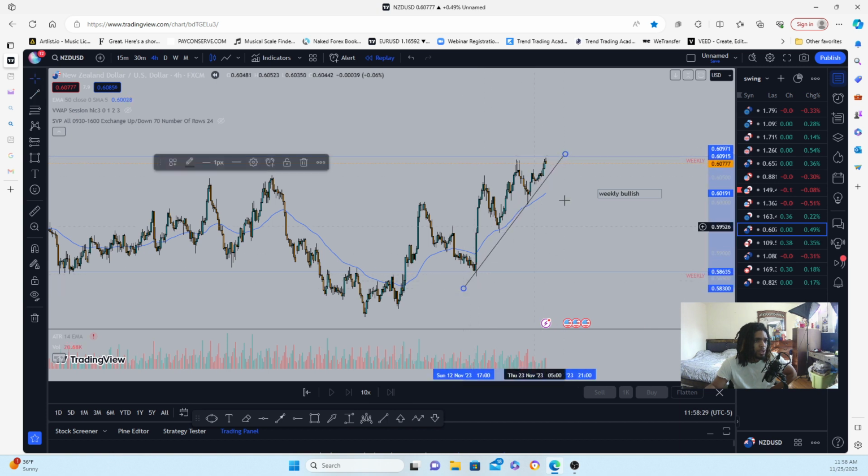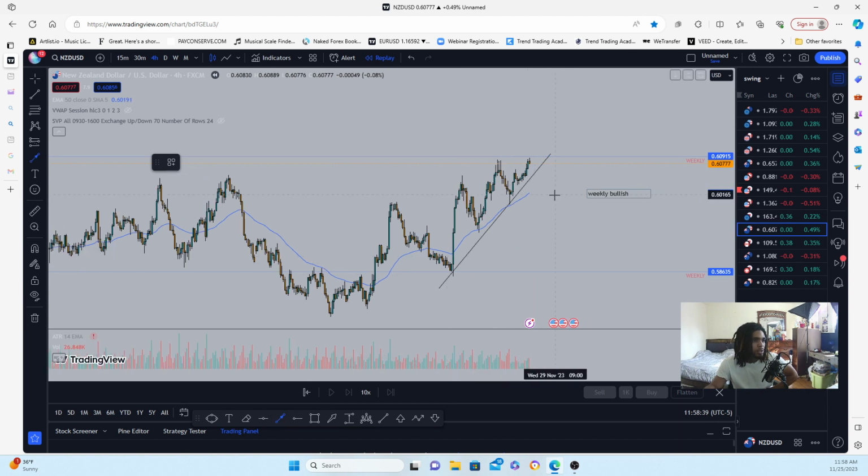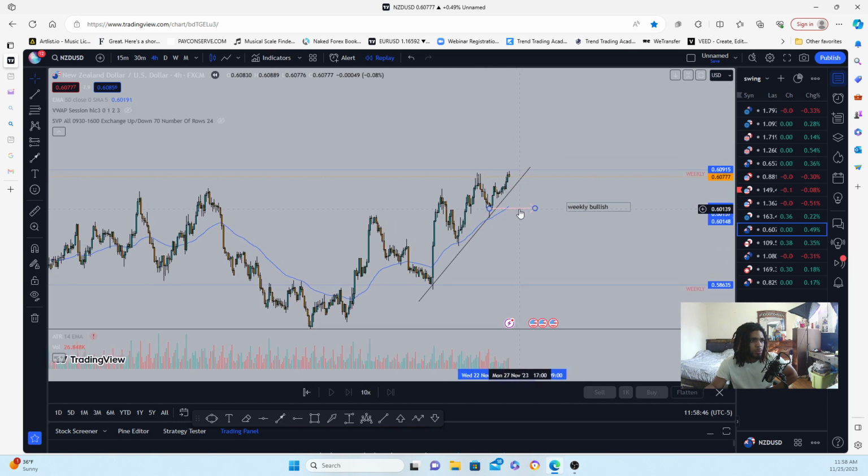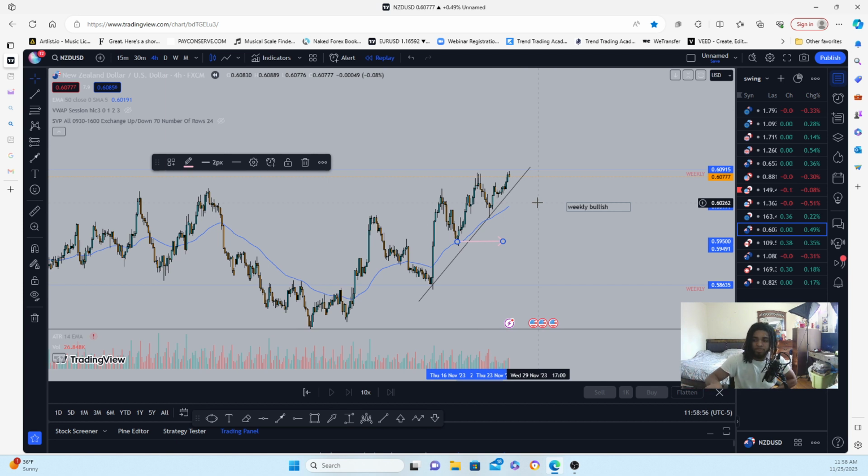If this trend line is broken and there's a double top and some bearish pressure, breaks this structure right here, then we'll see, you know what I'm saying, if it breaks this structure and then it comes back up to that area, it creates a double top, then that's when we'll look for sales, even though the weekly's looking bullish, or the previous weekly was bullish.